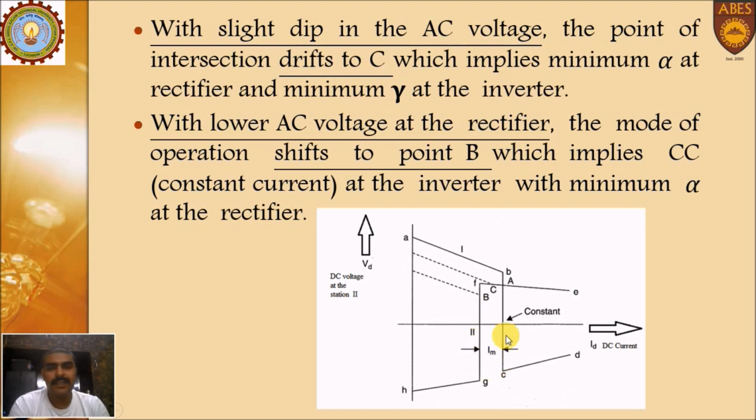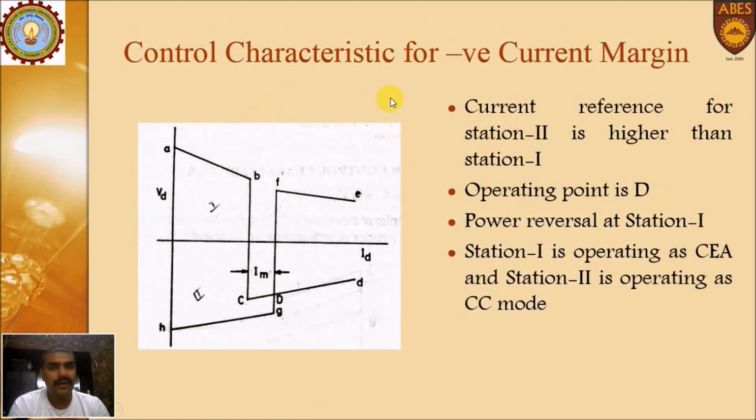Normally the range of this current margin is around 10%. Now if the control is shifting, for the negative current margin, we can see clearly that the constant current point is higher for converter station 2, means the current reference for station 2 is higher than station 1.